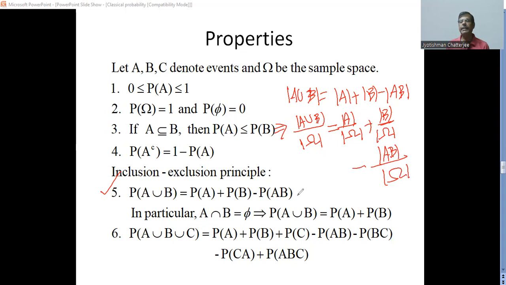And now writing in the notation of probability, the left hand side is nothing but the probability of A union B, and the right hand side becomes PA plus PB minus P of AB. And that's how you get this formula.